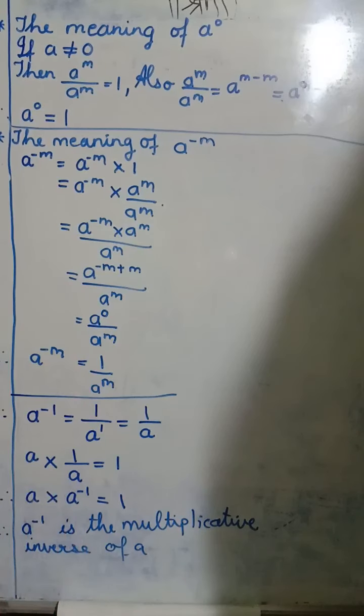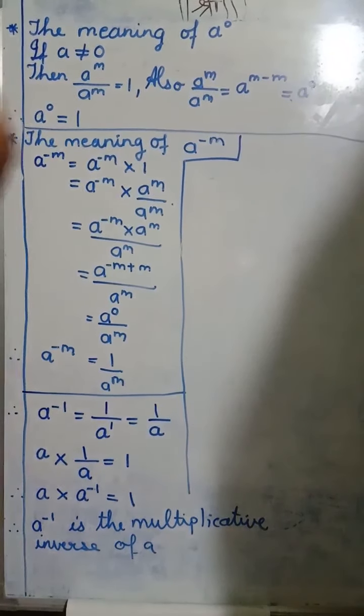We call reciprocal also as multiplicative inverse. Yes. So a raised to negative 1 is what? Multiplicative inverse of a. See now, this is the multiplicative inverse of a, 1 upon a. We got that 1 upon a is nothing but a raised to minus 1. So a raised to minus 1 is also the multiplicative inverse of a.